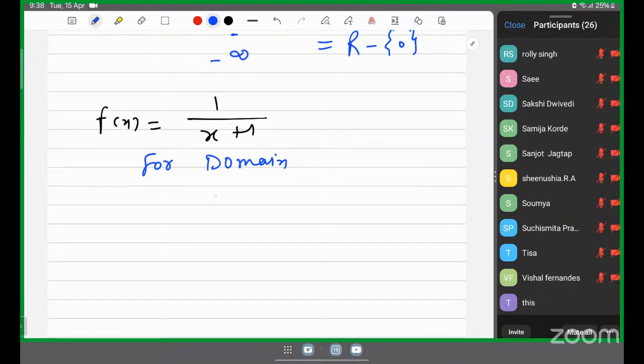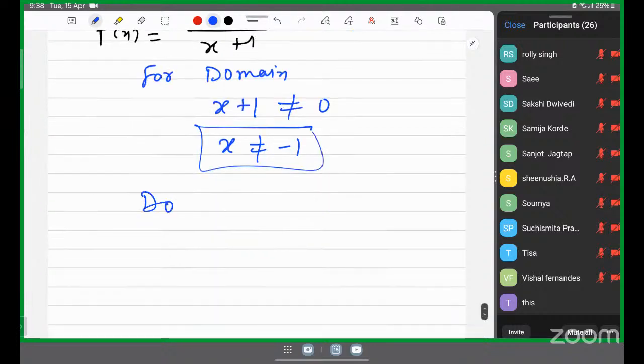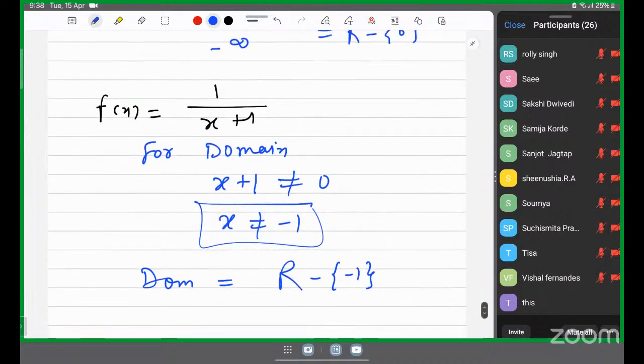And in this case, to be defined, x plus 1 cannot be 0, because if x plus 1 is 0, again it will be 1 by 0, that is not defined. So x plus 1 is not 0, which means x is not equal to minus 1. So its domain will be all real values R except minus 1. Understood or any doubt? What do you think about its range?